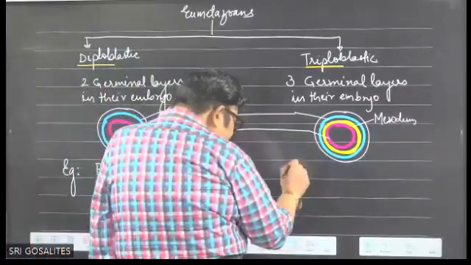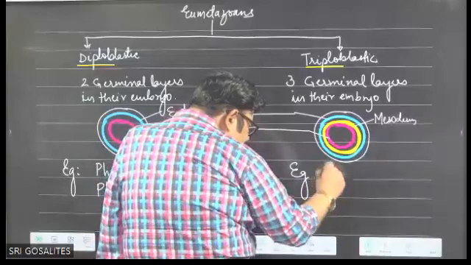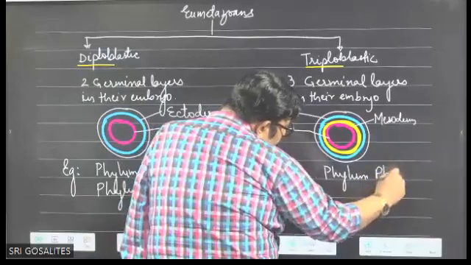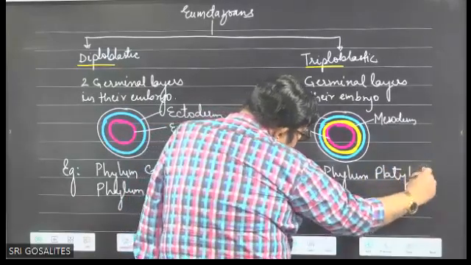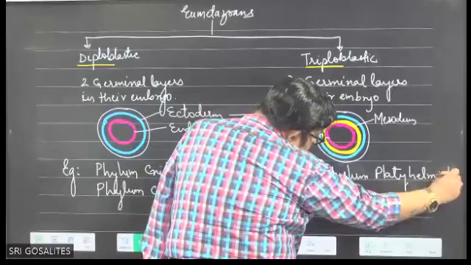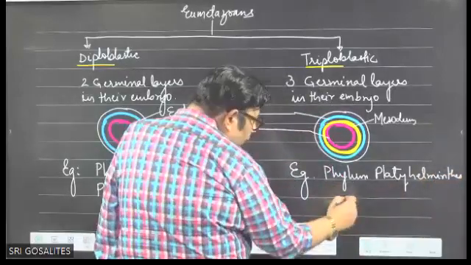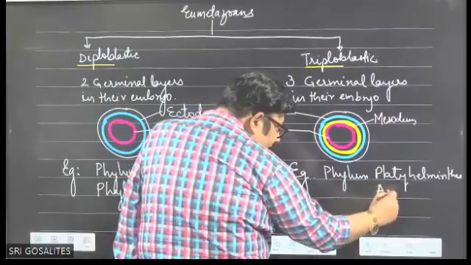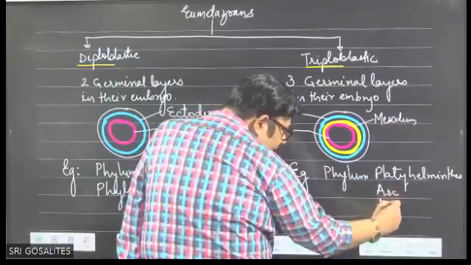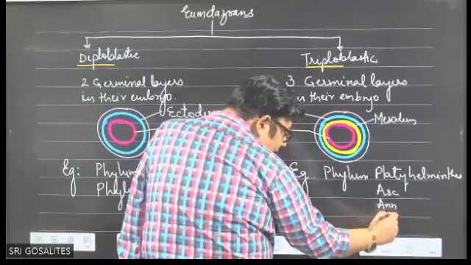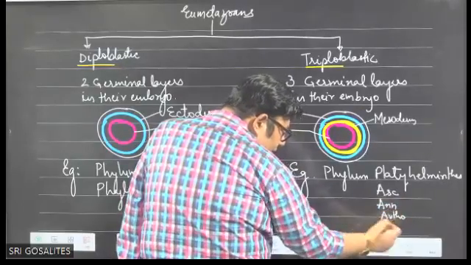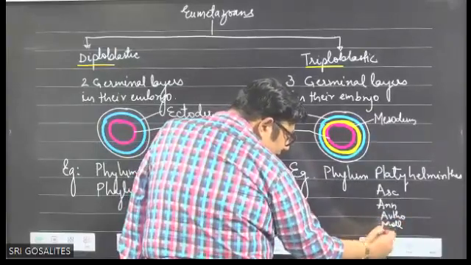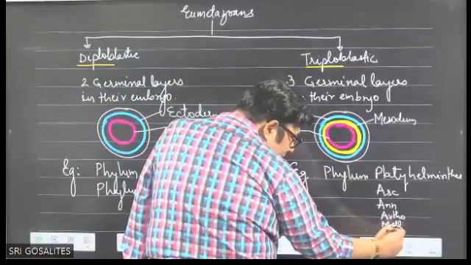Triploblastic, here the examples are members of the phylum Platyhelminthes onwards. Then we have Aschelminthes, phylum Annelida, phylum Arthropoda. Come on, recall. After Arthropoda, we have Mollusca. After that, we have phylum Echinodermata.